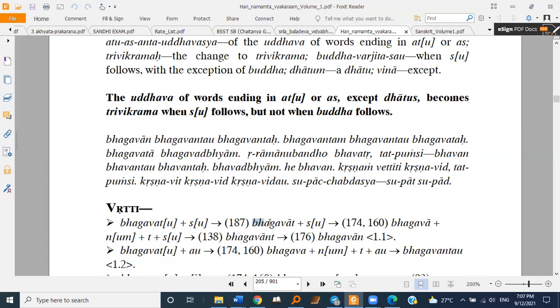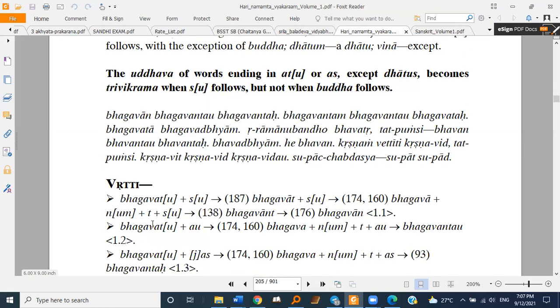So in Bhagavat, the last Sarveshwara is A. That's why Num is inserted. Then we delete Su by Radha Vishnu Janabhyam Vipaschatri Vikramat Soraha. Then we get this. And then we apply Satsangantasya Haro Vishnu Padante. We delete the last letter of the Satsanga. So ultimately we get Bhagavan.